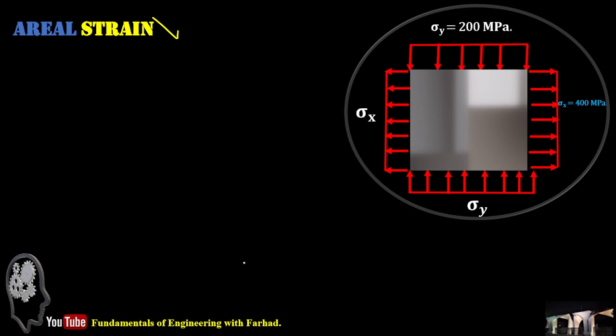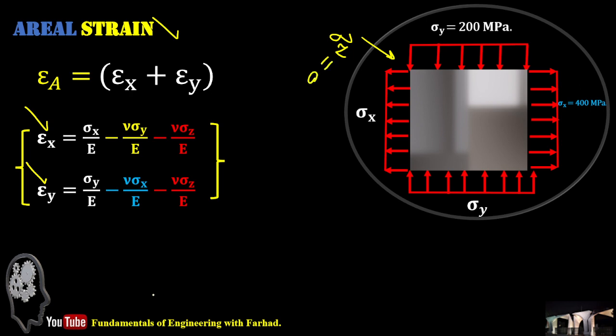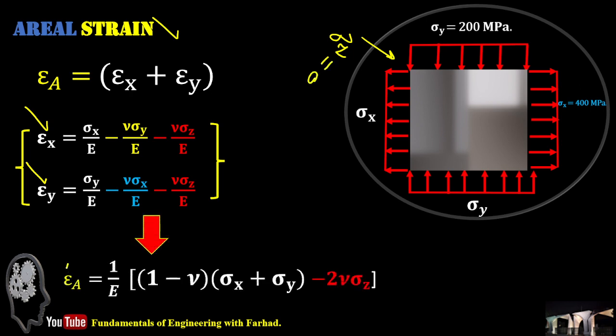Flashback to the areal strain: if you remember, epsilon a is epsilon x plus epsilon y, and this is the formula for epsilon x, and this is the comprehensive formula for epsilon y if we also have sigma z. Epsilon x plus epsilon y is equal to this equation.